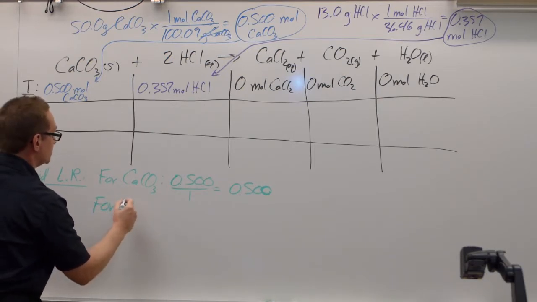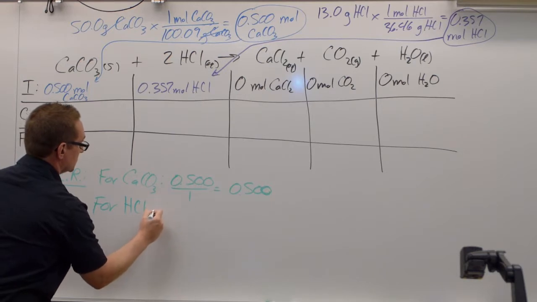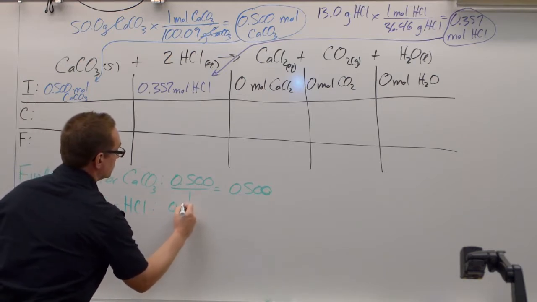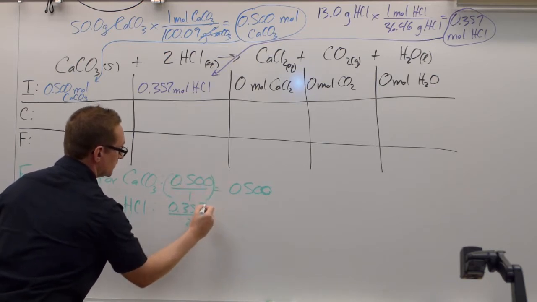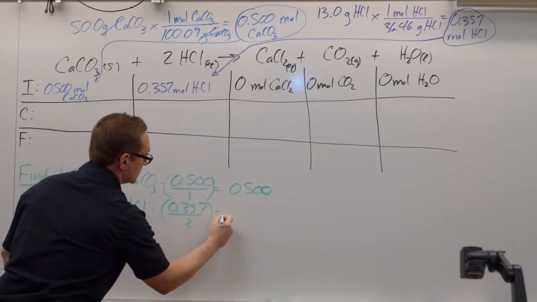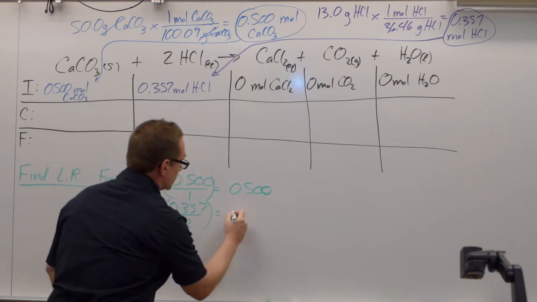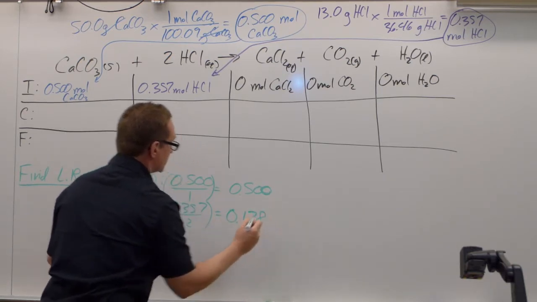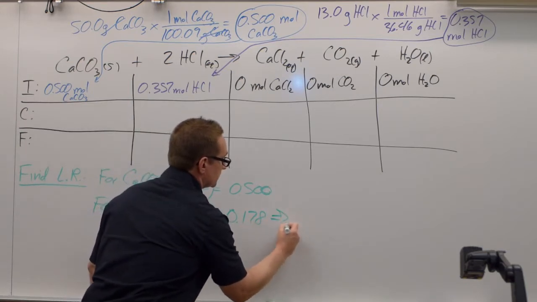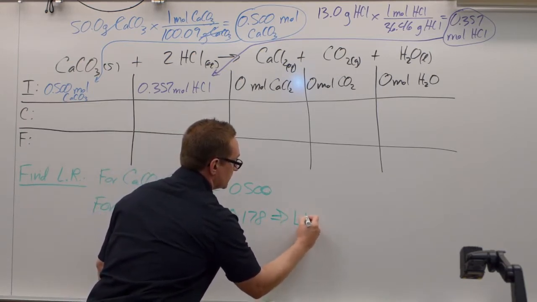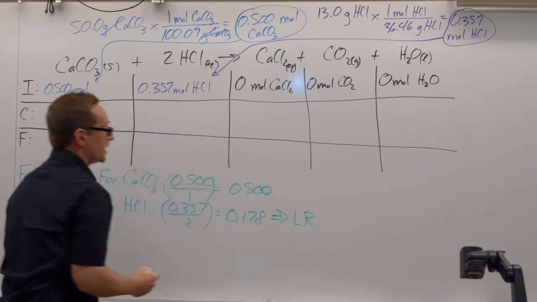For HCl, 0.357 divided by 2. That gives me, I think it's about 0.178, something like that. So the HCl is smaller, therefore it's the limiting reactant.